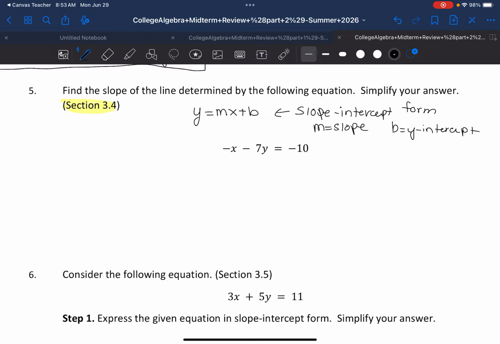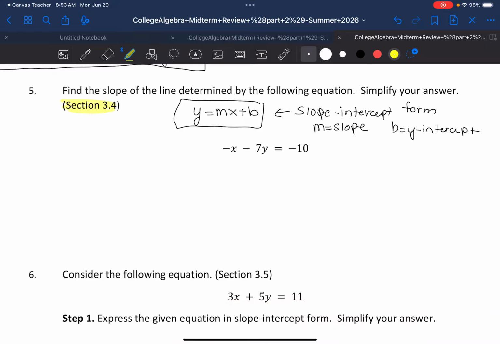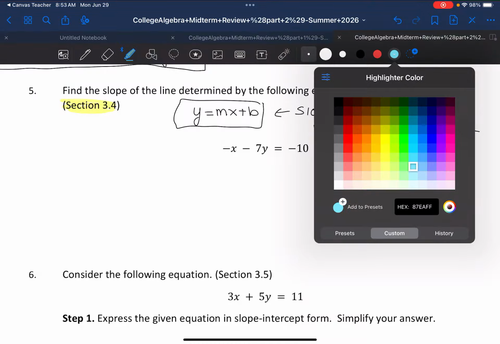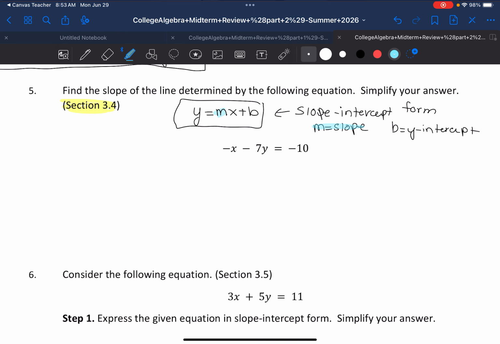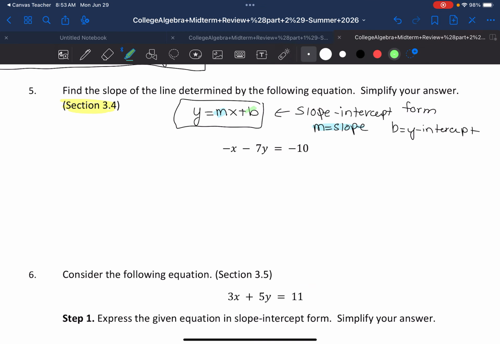So if you can get a linear equation to be solved for y, then you can automatically identify what the slope of the line is and what the y-intercept is.